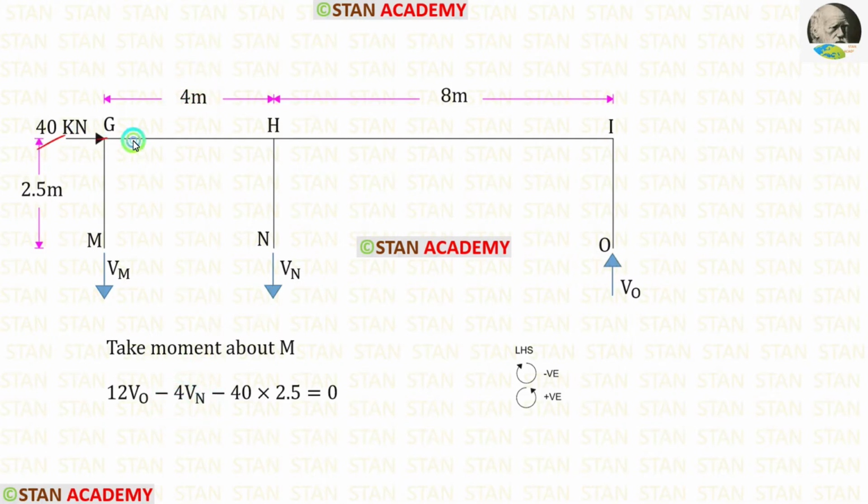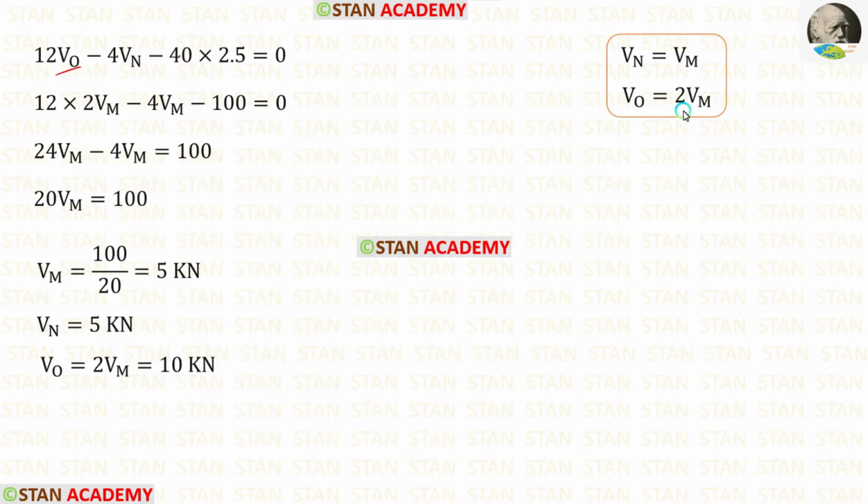This point load is acting in the clockwise direction, so that is also negative, and the distance is 2.5. For Vo, we can apply 2Vm, and for Vn, we can apply Vm. After the calculation for Vm, we are getting 5 kN. We know that Vn and Vm will have the same value, so Vn is also 5.